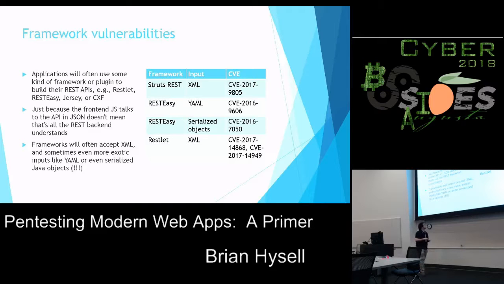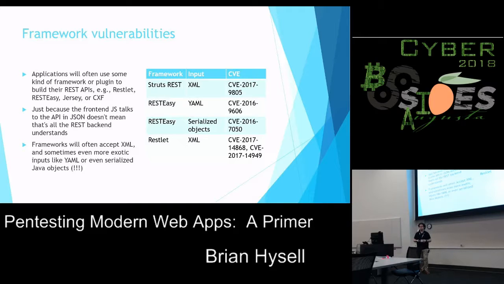Another quiz question, hopefully someone will know. So there's a Struts REST API, Struts REST RCE issue, year and a half-ish ago. This was due to it passing untrusted XML to a certain Java library.